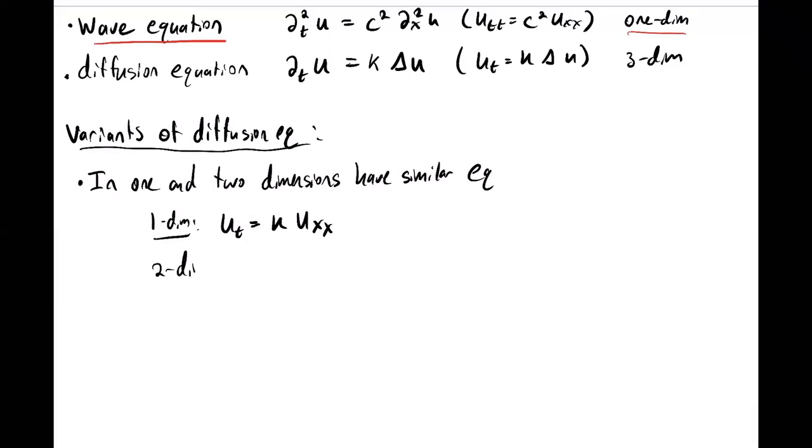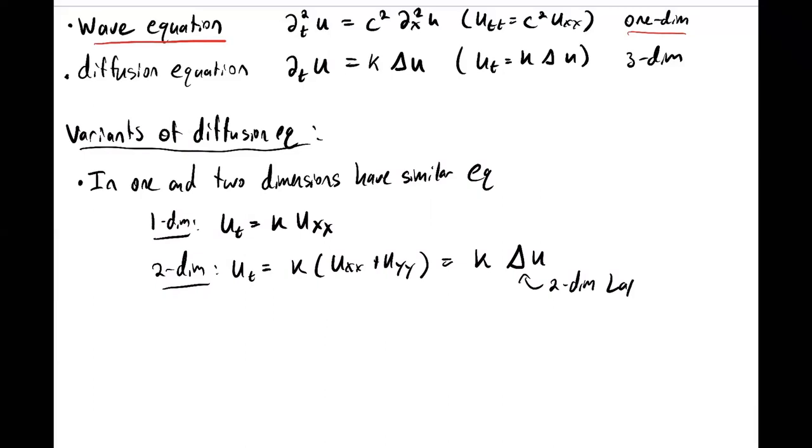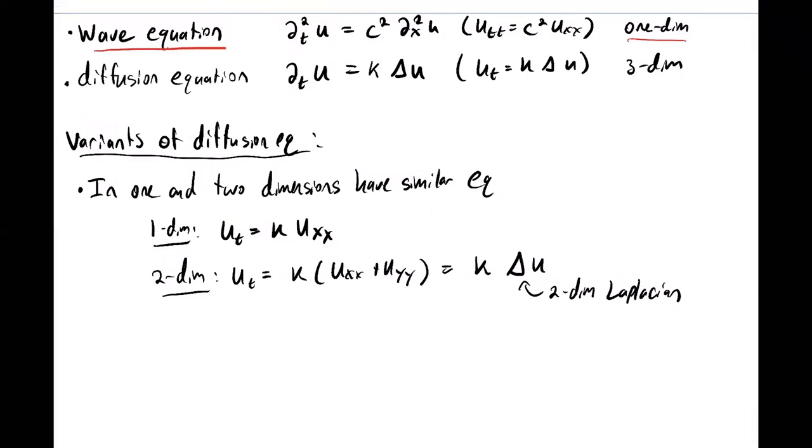And in 2 dimensions, the derivative of u with respect to t is some number k times, now instead of just uxx, uxx plus uyy. That's the same thing again as k times the Laplacian of u, but now the Laplacian is the 2-dimensional Laplacian. So these equations have more compact forms, which are independent of the dimension, as long as you understand which dimension the Laplacian is referring to.